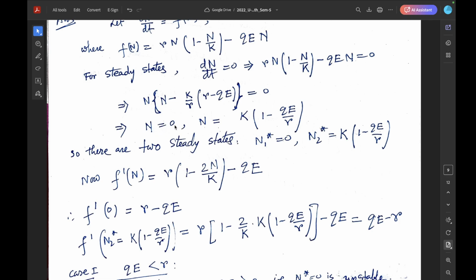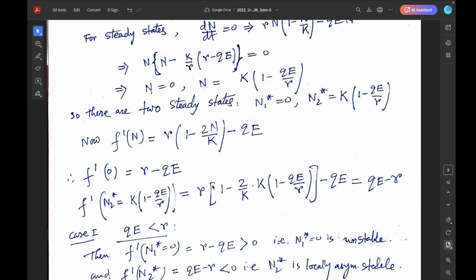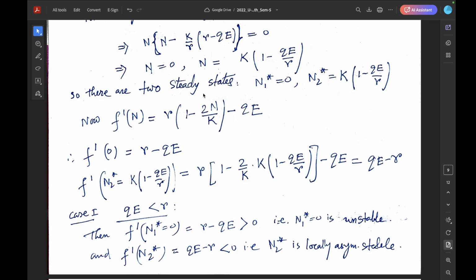So f'(N1*), that is at 0, is equal to r - qE. And f'(N2*), putting N2* here, we get after simplification qE - r.